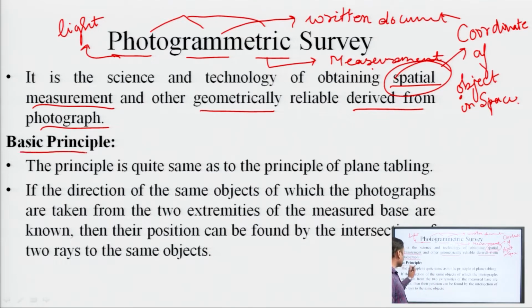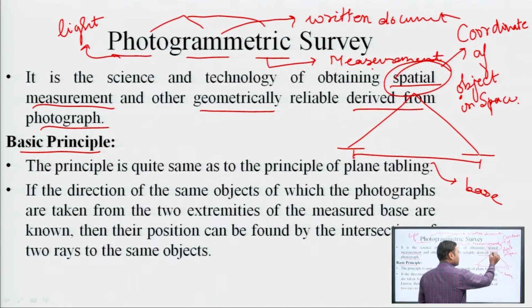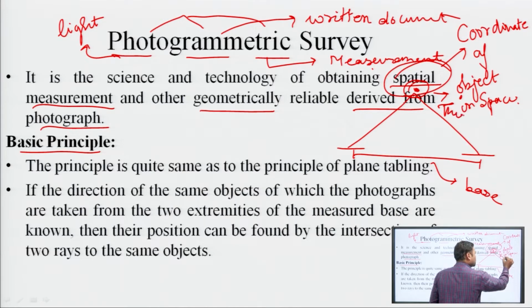What is the basic principle of photogrammetric survey? Its principle is quite similar to the principle of plane tabling. For example, if we want the location of a point of an object in plane tabling, we select two different points of known base, and by the intersection from these two points, we can find the coordinates of this point.